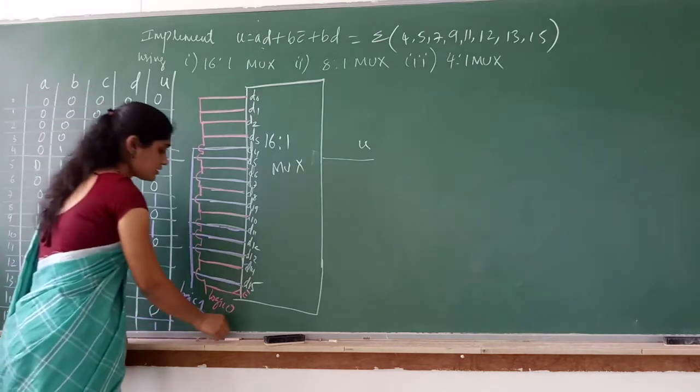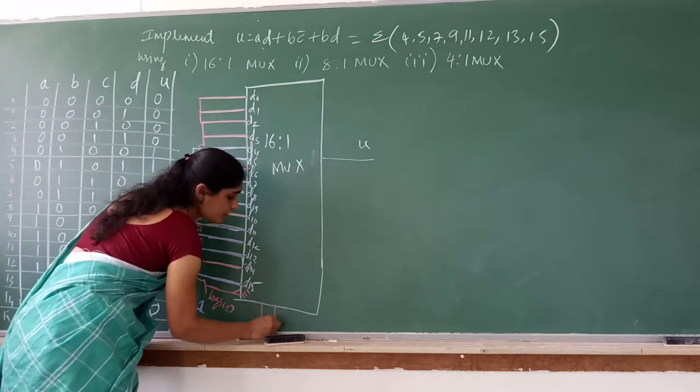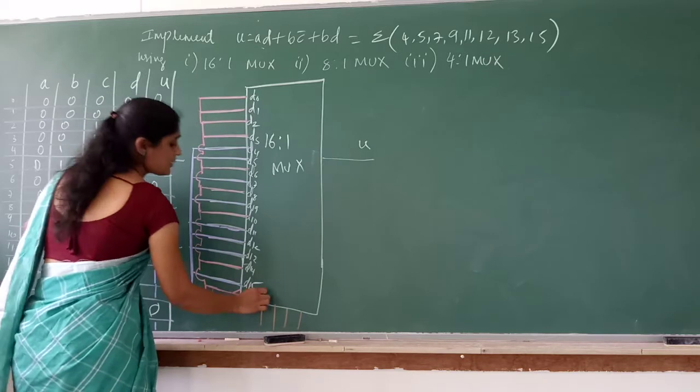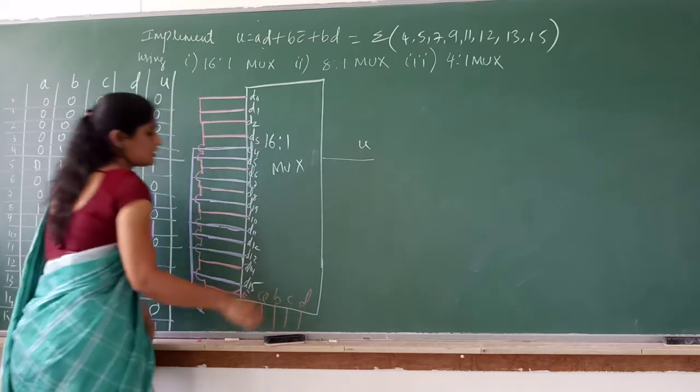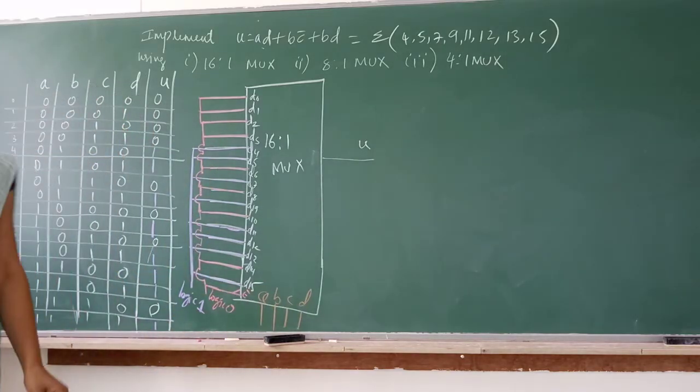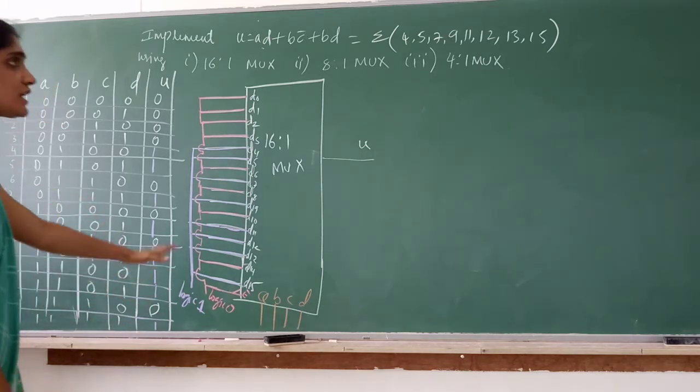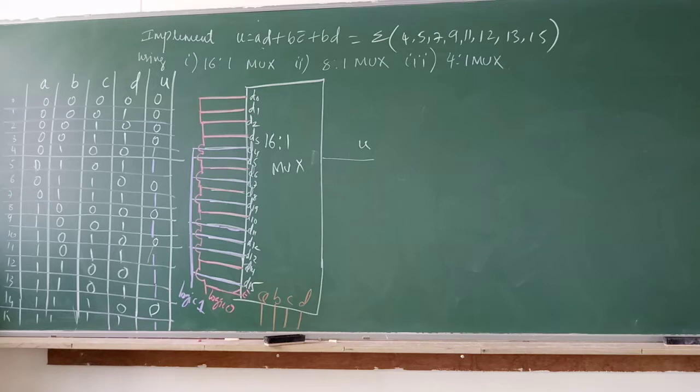Okay, and how many select inputs we have? 4 select inputs. What are those? A, B, C, D. So this is the circuit of implementation of U function using 16:1 mux, direct implementation.